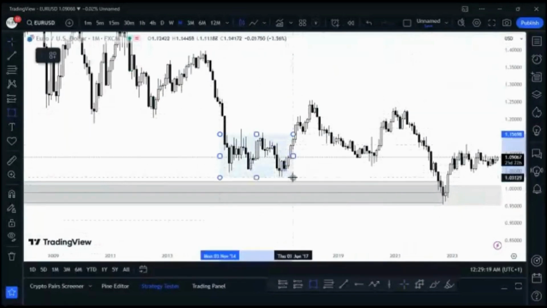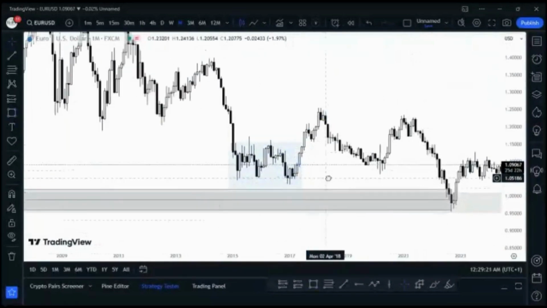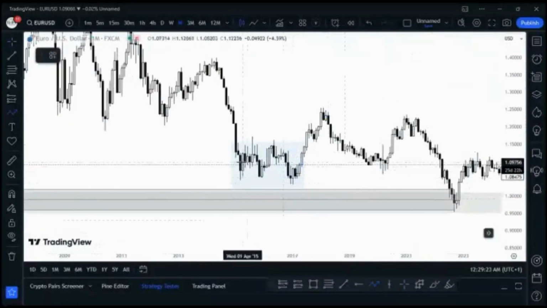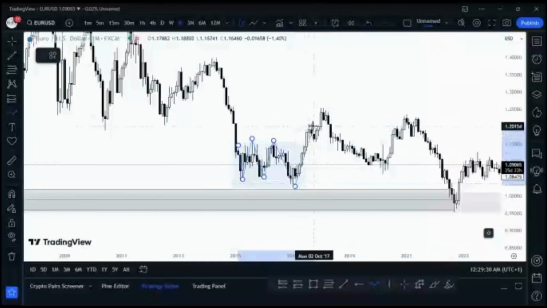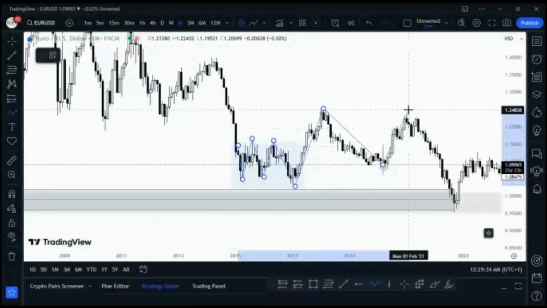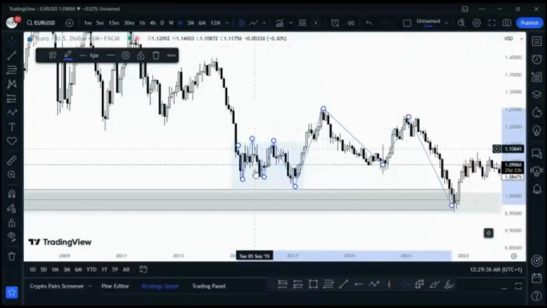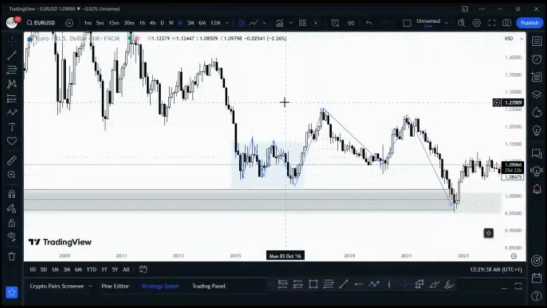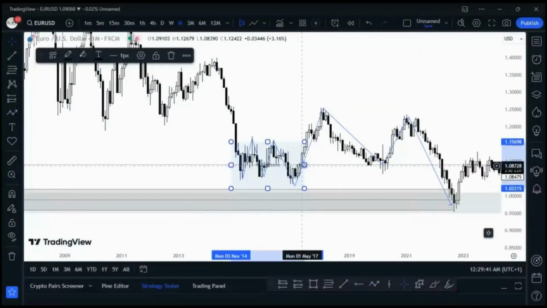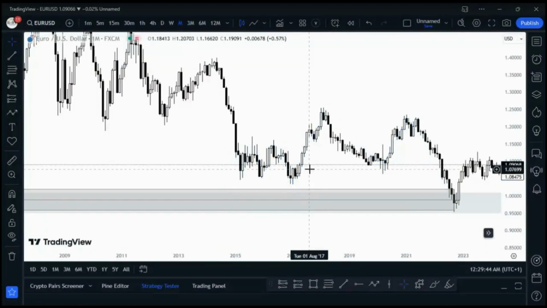We can see the ranging market, isn't it? Definitely. We can see that the market has been going up, going down without any specific direction before making this move to the upside and then continuing. But we want to focus more here because the market has just been ranging at this point. So this is an example of a ranging market as indicated in this chart.